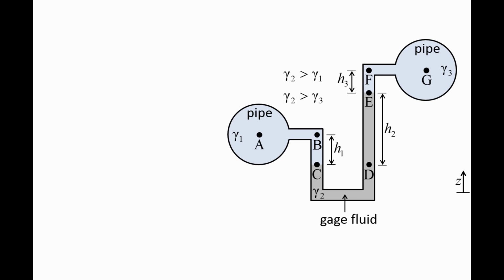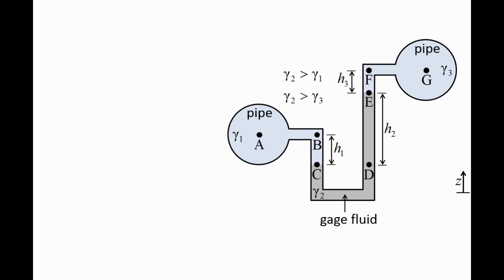For this particular setup, the specific weight of the gauge fluid, gamma 2, needs to be greater than gamma 1 and gamma 3. Point G corresponds to the point in the center of the pipe, and point F is at the same elevation as point G. The vertical distance between points E and F is h3.